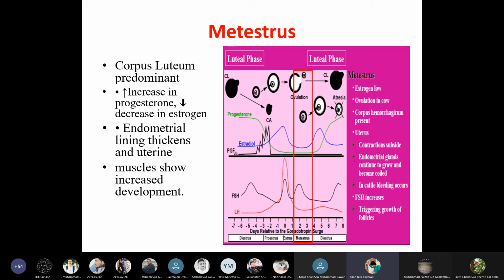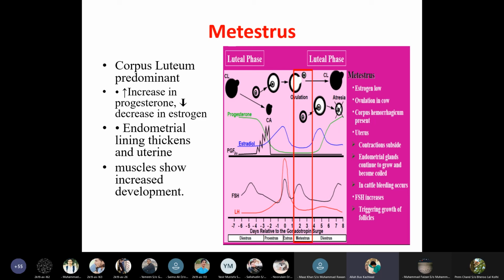Metestrus starts after estrus. So estrus is over, and the corpus luteum starts to develop. First of all, after a rupture of the follicles, the corpus luteum hemorrhagicum develops, and later the corpus luteum grows. This allows the release of progesterone, and then the zygote develops and attaches to the mother's uterus, where the pregnancy will start.